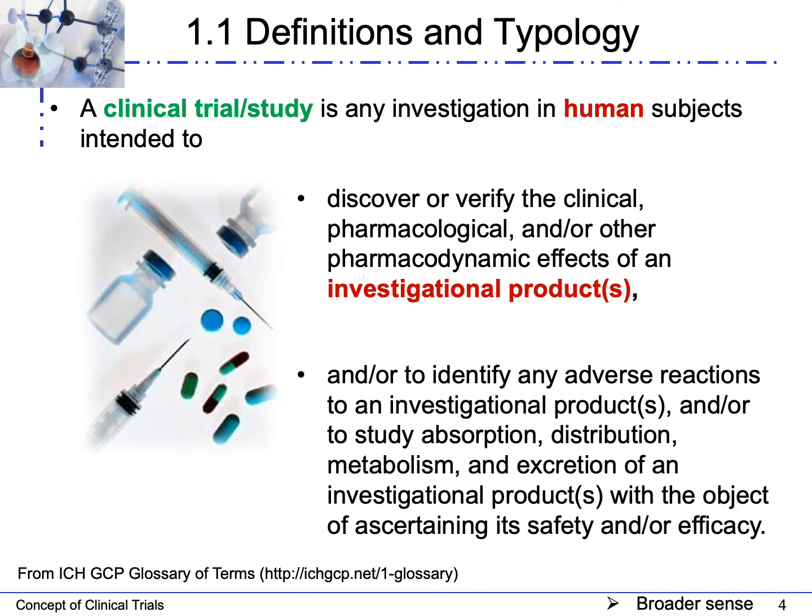To start with a fundamental definition of clinical trial, we refer to the ICH definition. ICH stands for the International Conference on Harmonization. ICH brings together the regulatory authorities and pharmaceutical industry of various countries and regions in the world.